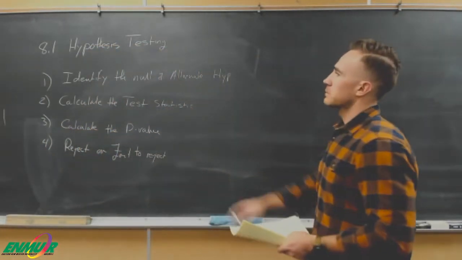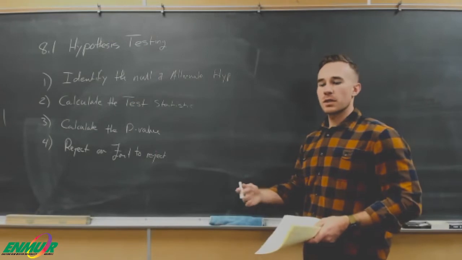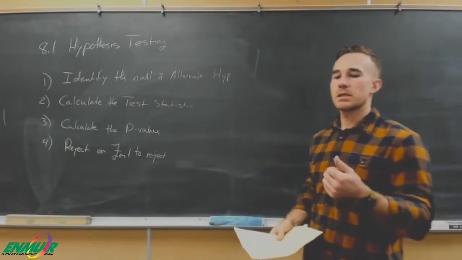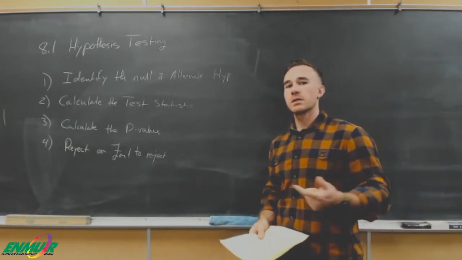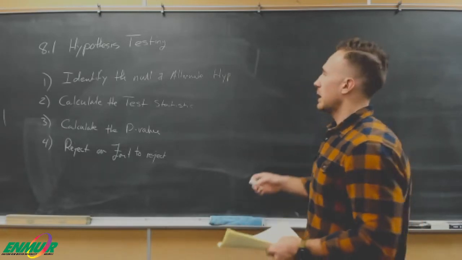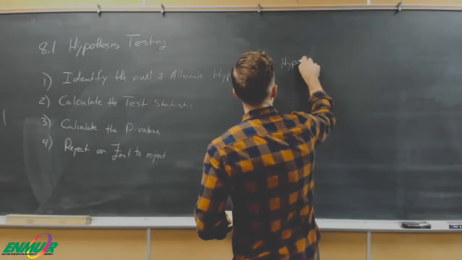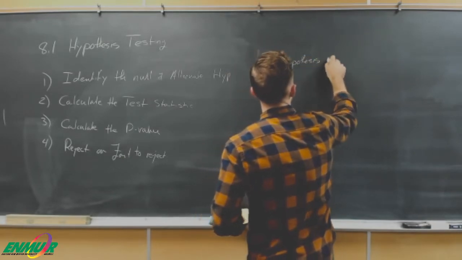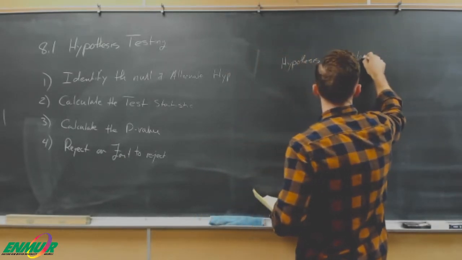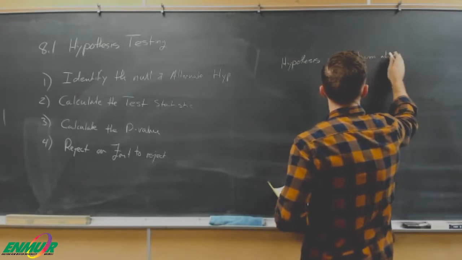So within this section, okay, you're going to hear a lot about what is the null hypothesis and then what is the alternate hypothesis. Okay, a hypothesis in itself is a claim about a property of a population, okay? A property of a population. Can you read that?